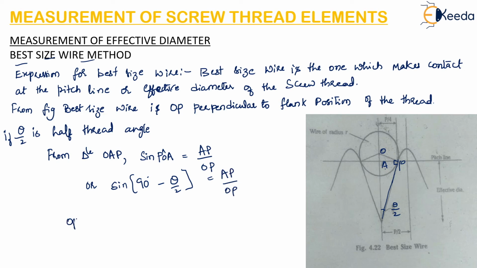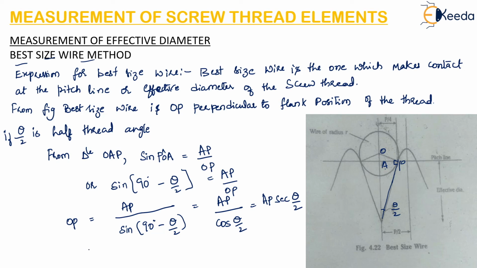So OP will become AP divided by sine of 90 degrees minus theta by 2, that is AP divided by cos of theta by 2, that is AP sec of theta by 2. As OP is equal to small r, r will become AP sec of theta by 2.